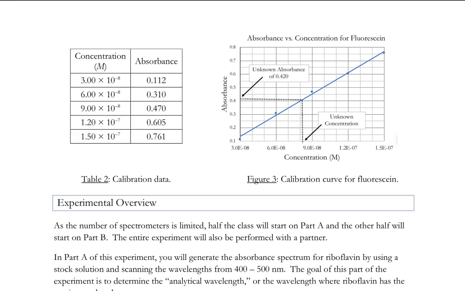M2 is our concentration that we're after, and V2, for all of them, we diluted to 10 mLs. So V2 is 10 mLs. So from M1, the stock concentration I give you in the experiment video, times V1, which would be either 2 or 4 or 6 or 8 or 10, that's equal to M2, our concentration unknown, the one that we're after for this calibration data, times V2, always 10 mLs.